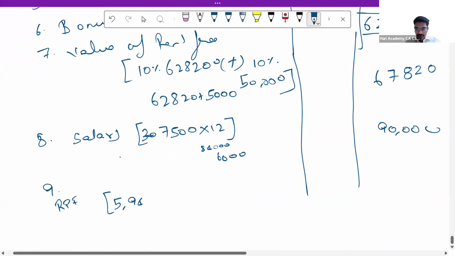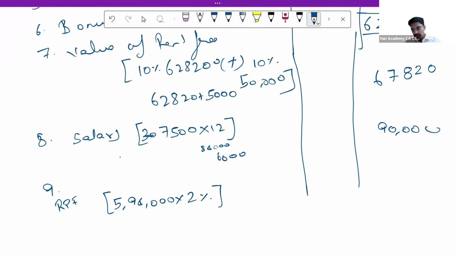So 5 lakhs 94,000 into 2% is taxable now. 1% is going to be 5,940 plus 5,940, so it is going to be 11,880. Hope my computation is right. 11,880.